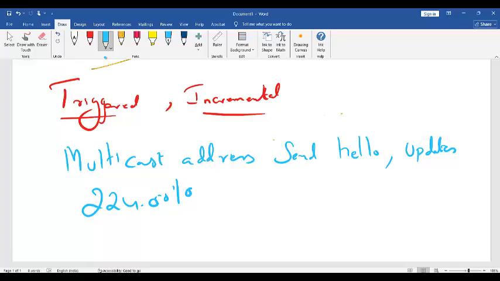It means this update I am sending is for EIGRP only. According to the standard, every router knows that a packet with destination address 224.0.0.10 is EIGRP.